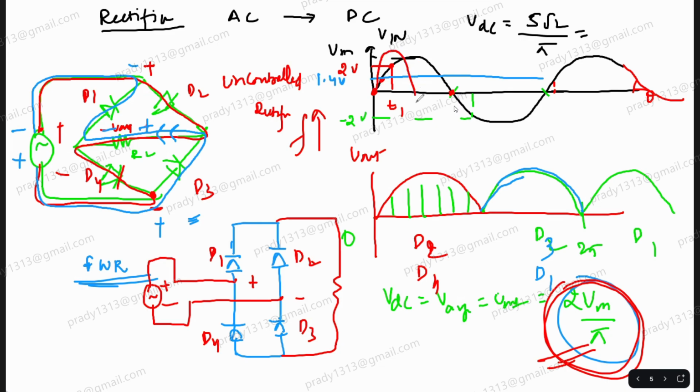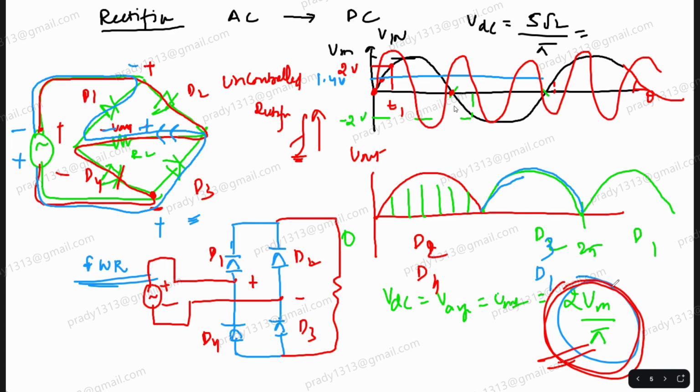If I increase the frequency, will I get the same output, 2 Vm by pi? I asked this question. Same, sir, because we are integrating from 0 to 2 pi, so the frequency may change but the angle will remain the same. It is a simple, straightforward answer. There is no frequency term in it.